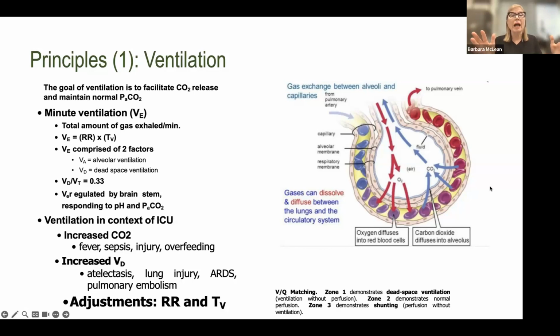Now, a lot of things actually are going to affect our minute ventilation. Minute ventilation is regulated by your brainstem, and your brainstem responds to an acidotic pH, so pH going down, and the CO2 going up. And those can happen independently. pH might be down because we have metabolic acidosis, but I'm going to increase my tidal volume and respiratory rate if I'm able.